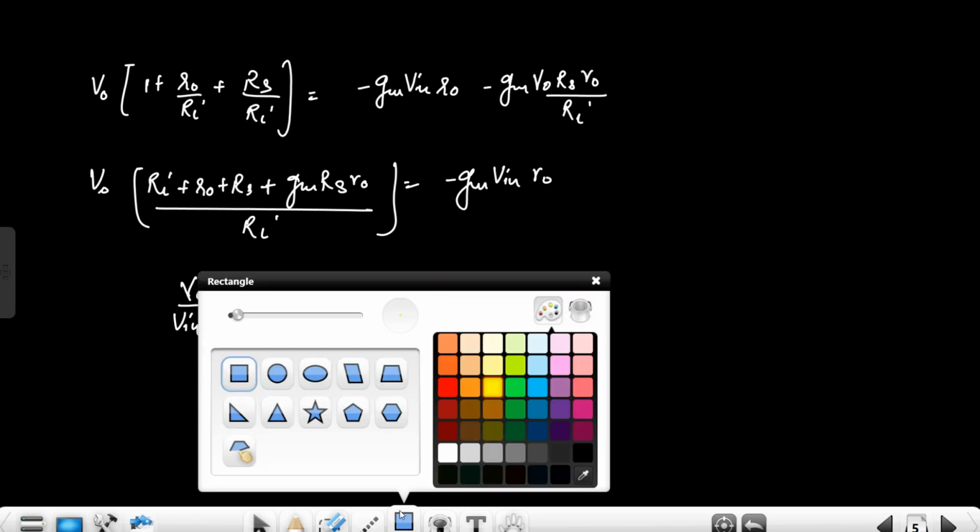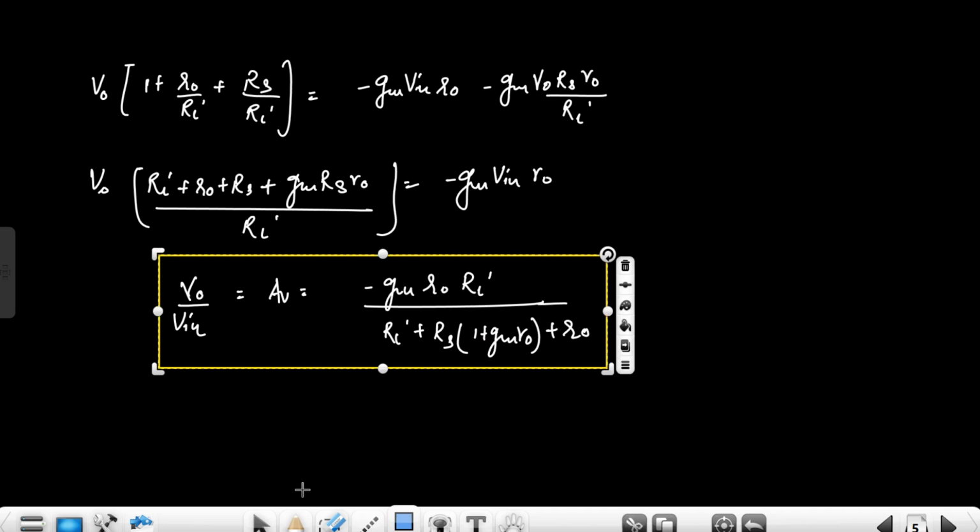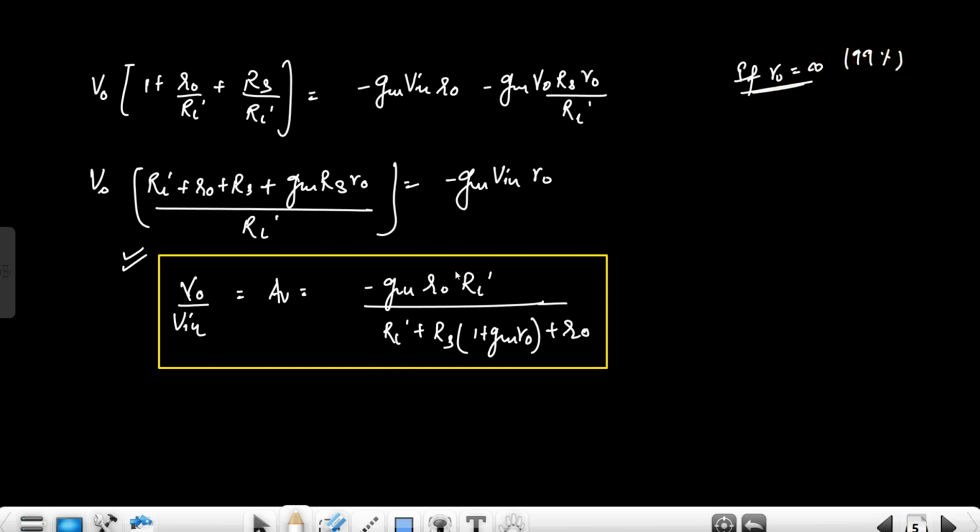So this expression that we have got is the small signal voltage gain, which obviously can't be remembered. Now, if this R naught is infinite, which we can say in 99% of cases, it will be taken common from numerator and denominator, right? Then only we can put the infinite.